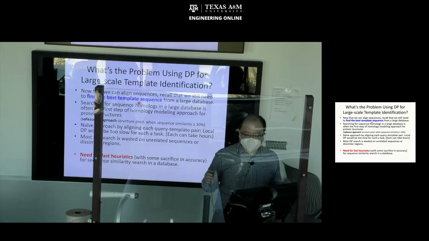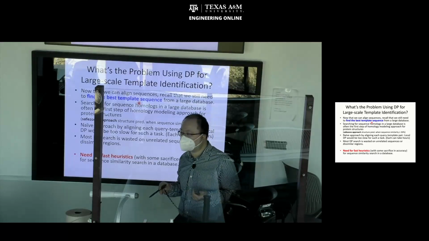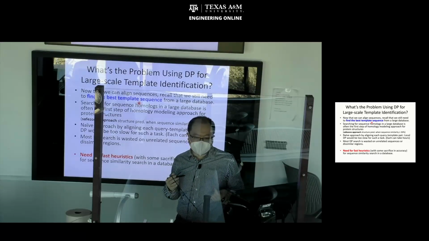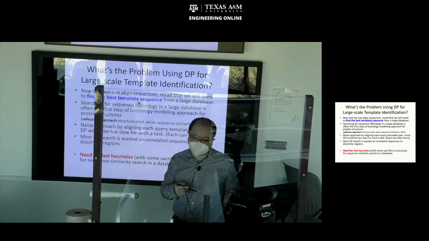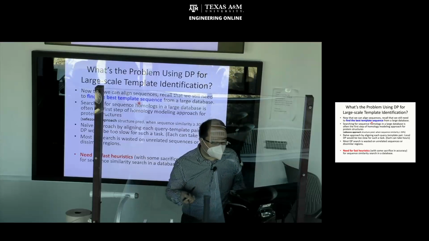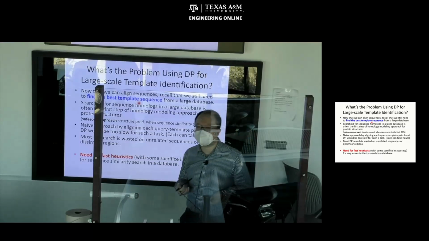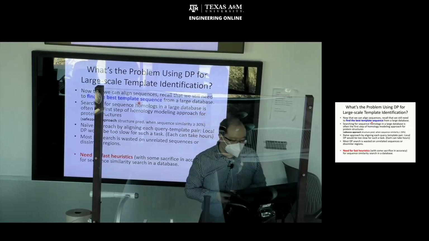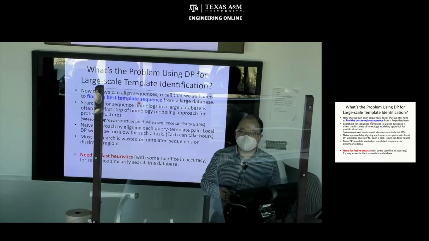I can simply apply the Needleman-Wunsch algorithm to every pair of potential template and the query sequence, right? If you have a million templates, I just do it a million times. Why is there a problem? Sequence length is too much. It's in the order of n squared. Yes, when n is large, this could take minutes or even hours, right?